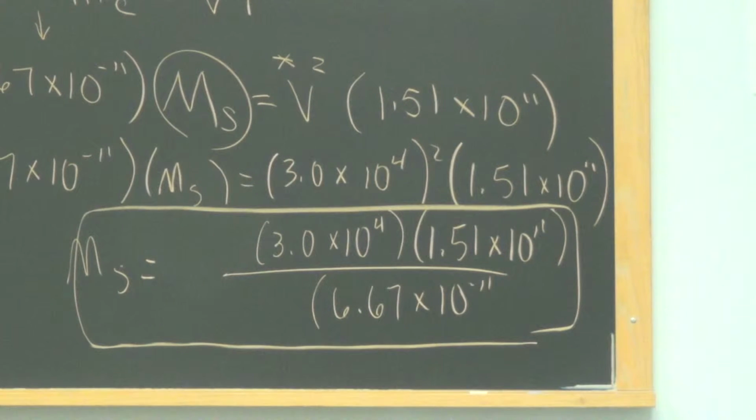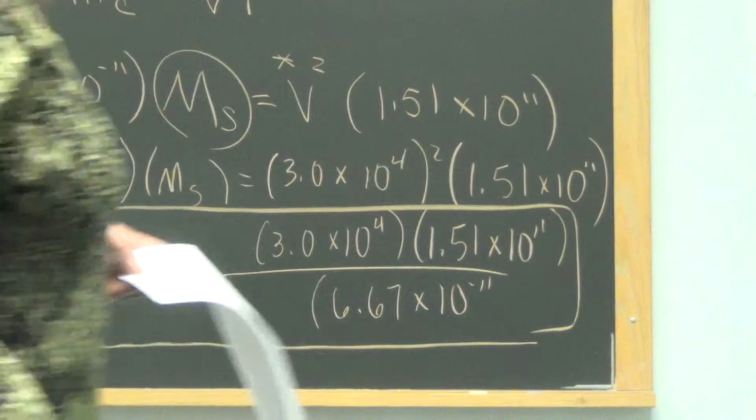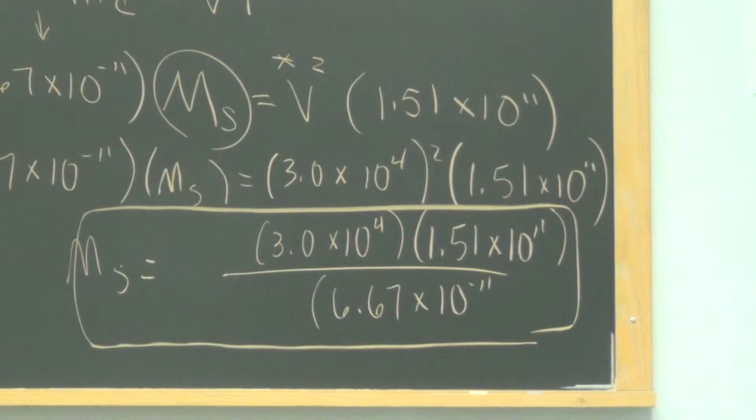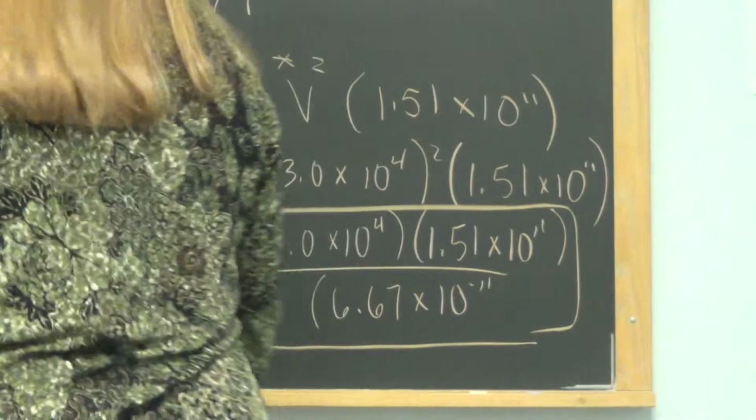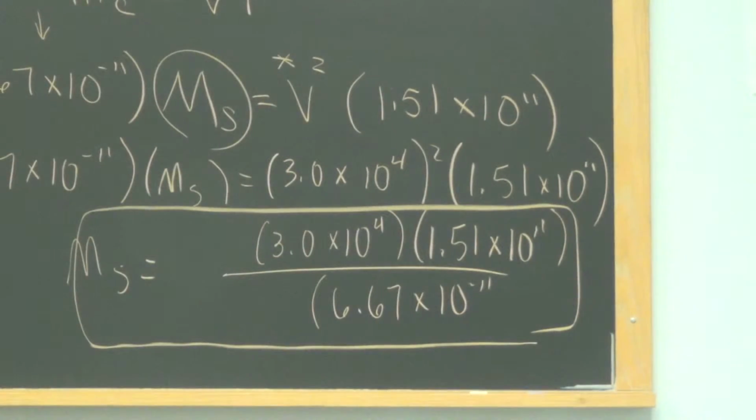I got 6.79. I used EE this time. Did it work? Anyone use times 10? Did you get something to the 30th? Keep on getting to the 25th.